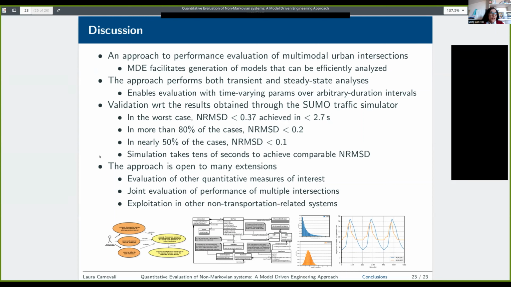In some recent experiments that we are performing, we are also considering the possibility to extend the microscopic model of car traffic, of tram traffic, to measure how much time has passed since the semaphore has turned green. And so we could use this quantitative measure to modulate in a different manner the server availability of the queue model.